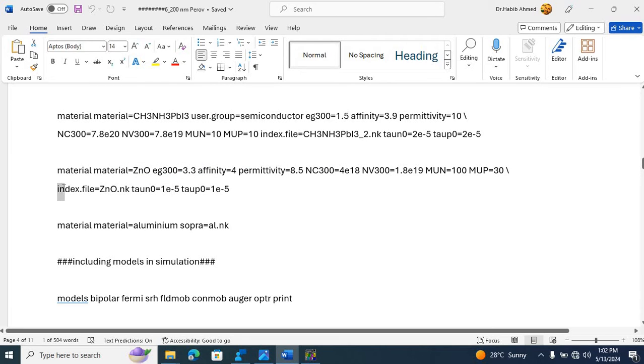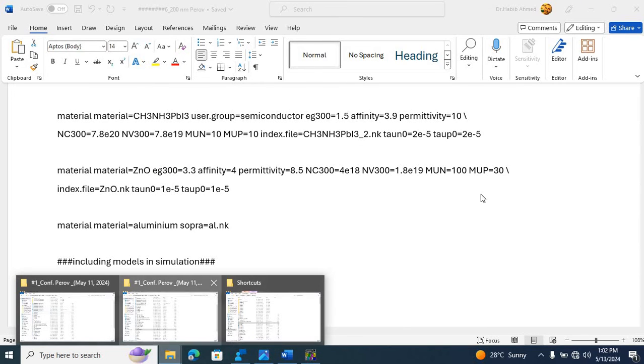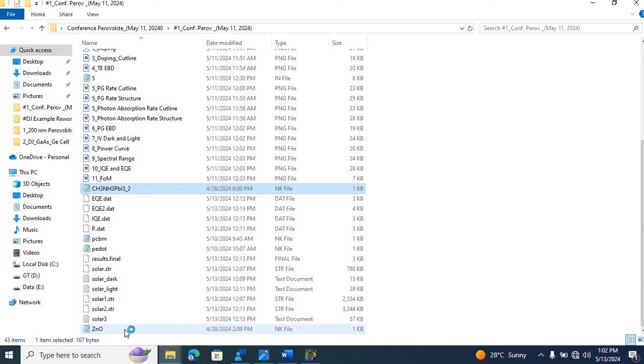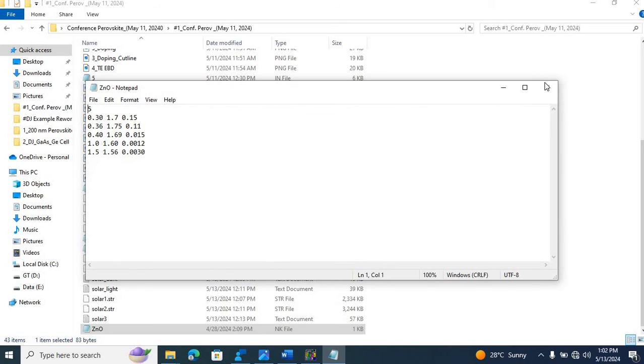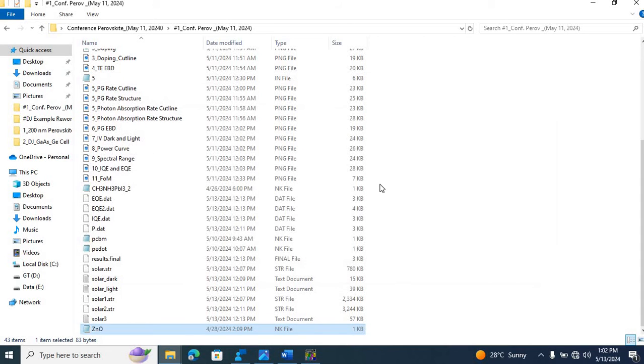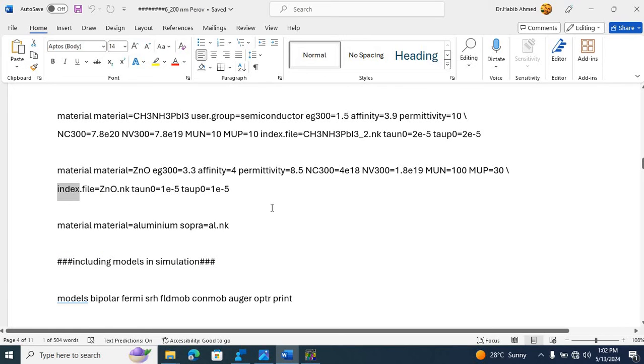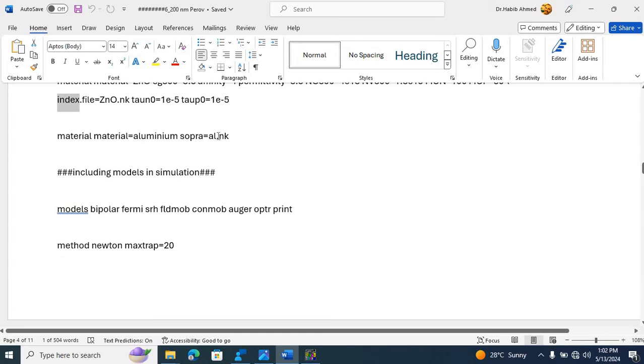So what we do is we make an NK file, like I've generated one over here, zinc oxide.nk, which has the optical properties for zinc oxide, and we call this file into Silvaco TCAD using the command index.file. And similarly, we include the optical properties for aluminum as well into the code.